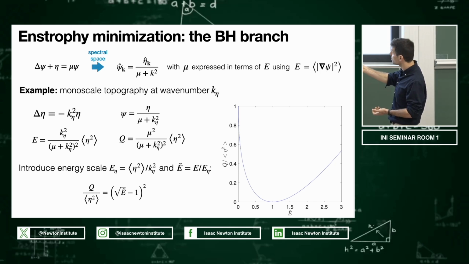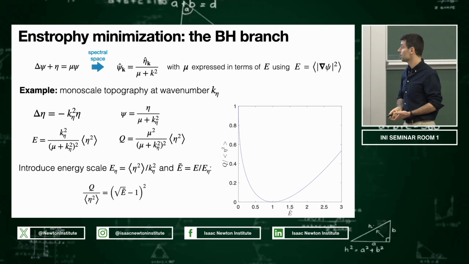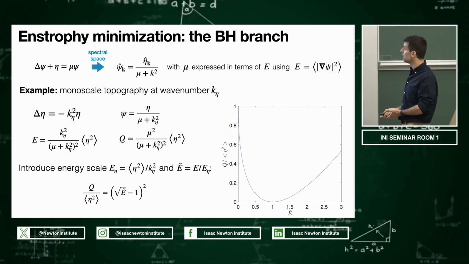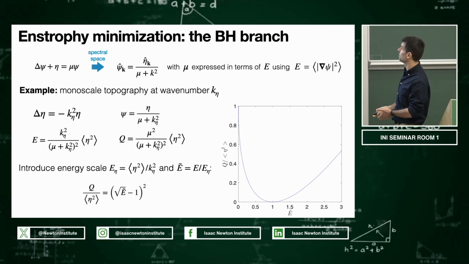You introduce a dimensionless energy E tilde over E eta, and this dimensionless entropy is just the square root of E tilde minus 1 squared. This is this blue curve here. Okay, that's just one prediction, Q as a function of E, but once again, you know the entire field psi, right? So that's what Bretherton and Haidvogel did.